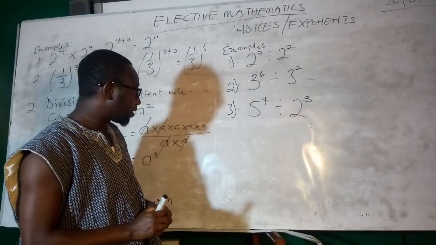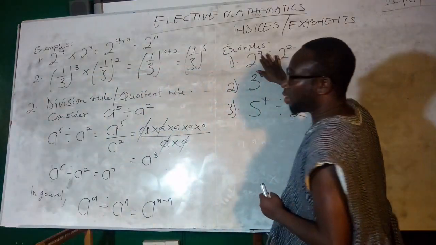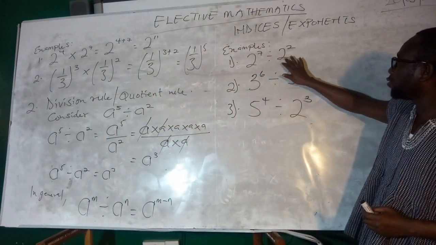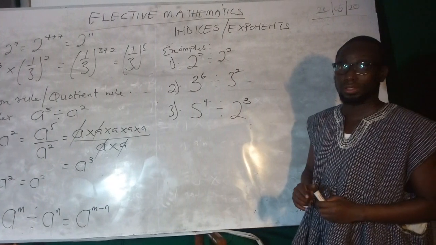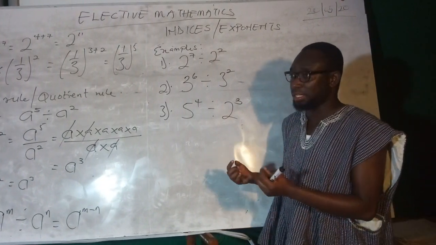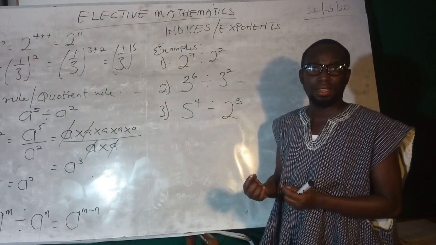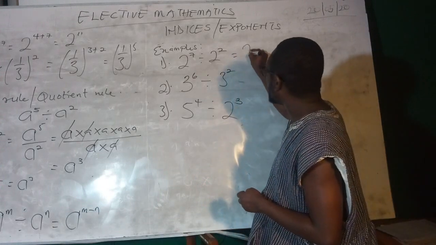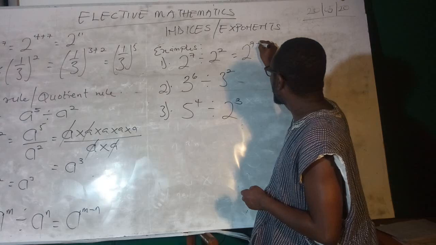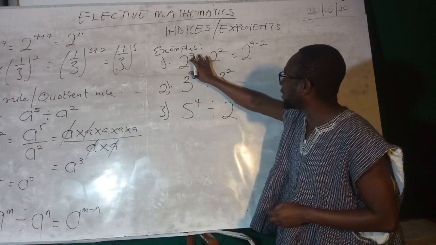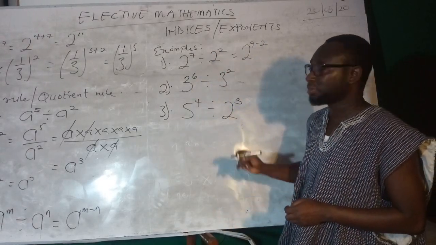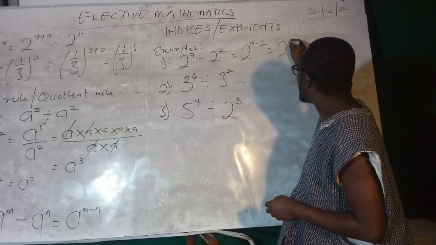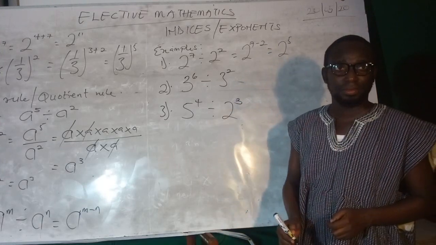So the first one, we have 2 raised to the power of 7 dividing 2 raised to the power of 2. So we are saying that when numbers of the same base are being divided, their exponent or indices are subtracted. So we write this as 2 raised to the power of 7 minus 2. So this 7 minus 2. So this gives us 2 raised to the power of 5.